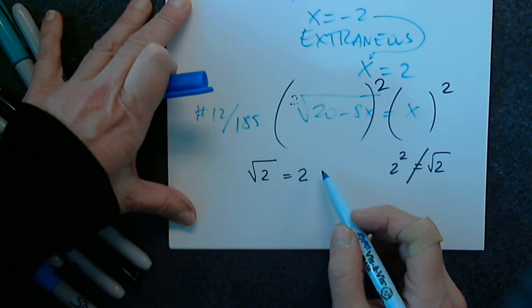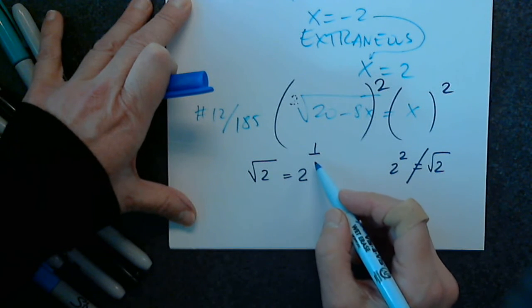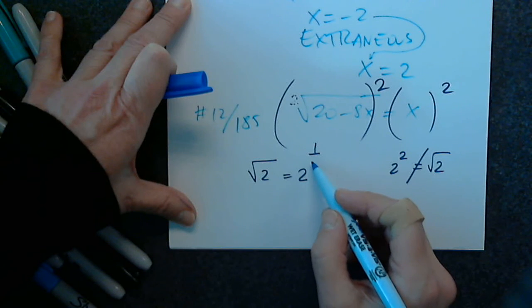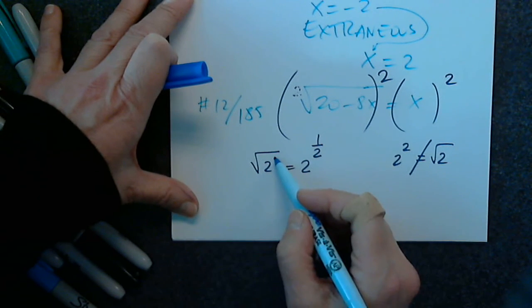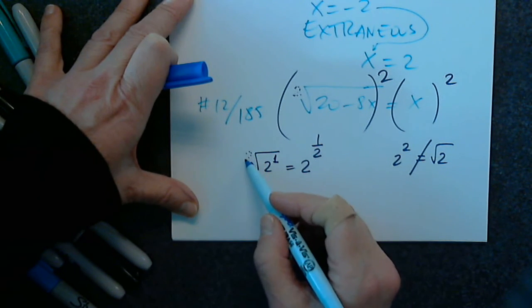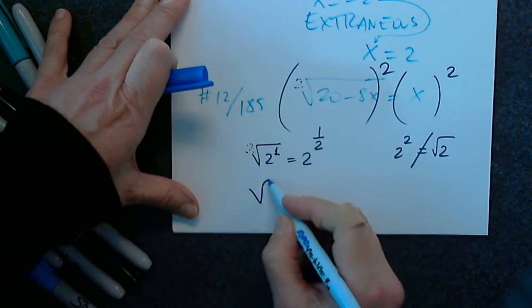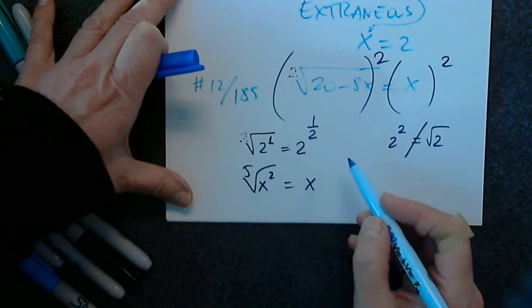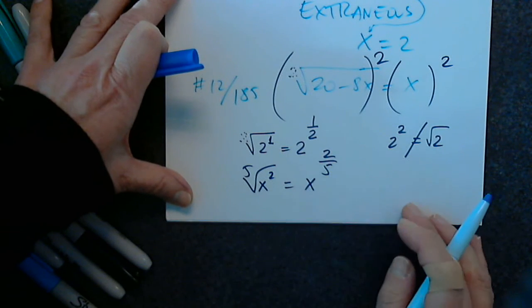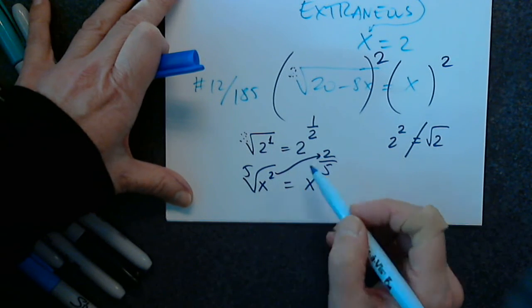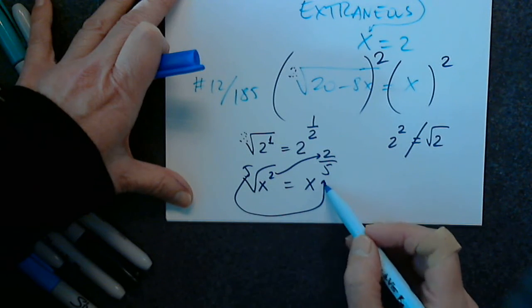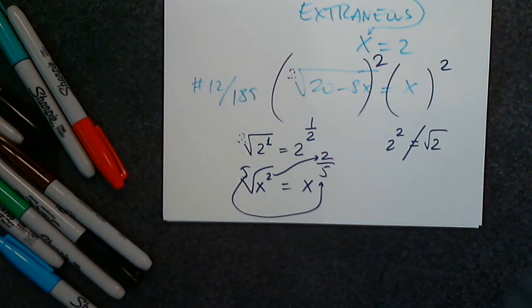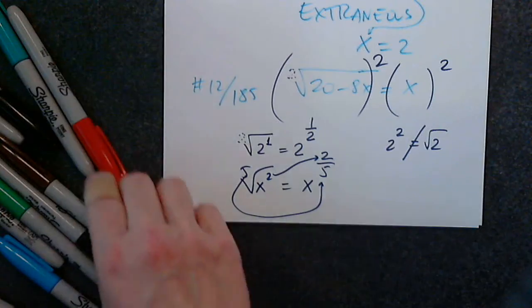Anyone remembers? 1 over 2. What about the fifth root of x squared? Is x to which power? 2 over 5. 2 is the numerator. The index of the radical is always the denominator of that fraction.